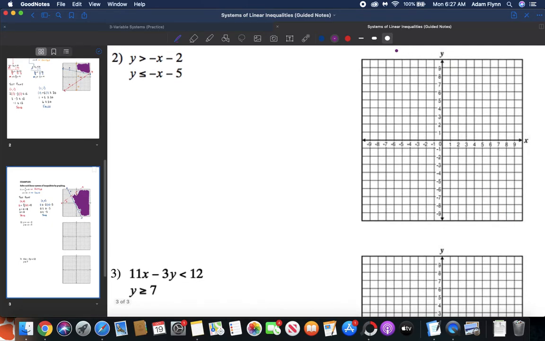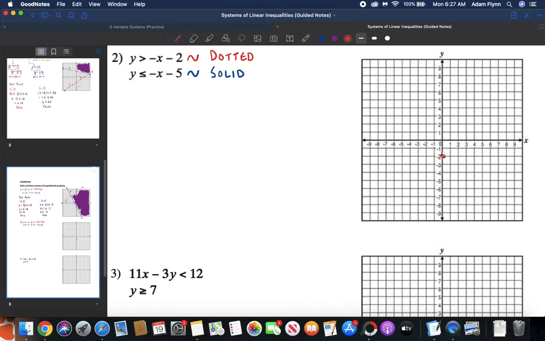Okay, so I have a red line and a blue line. My red line has an inequality symbol of greater than, so this is going to be dotted. And my blue line has an inequality symbol of less than or equal to, so that's going to be solid. So for my red line, I can start at my y-intercept, which is -2.